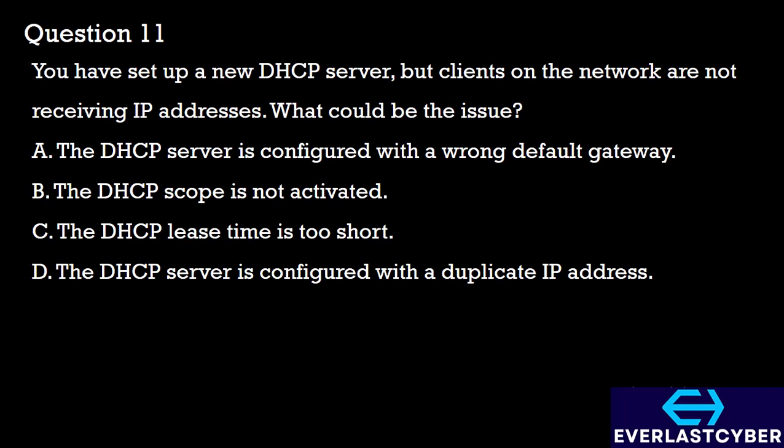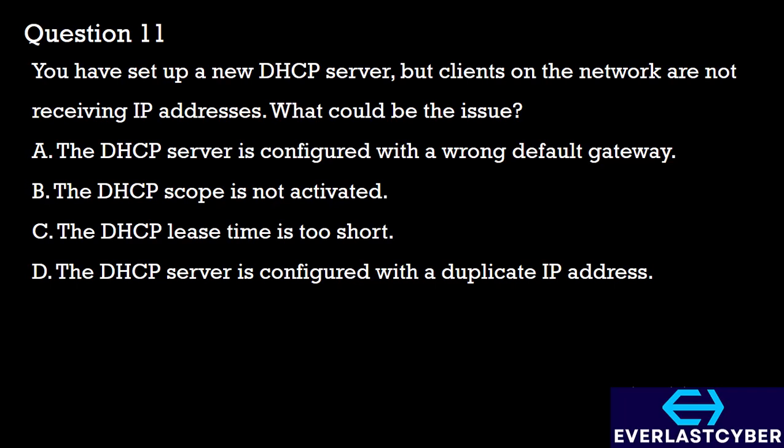In option A, the DHCP server being configured with a wrong default gateway would not prevent clients from receiving their IP addresses. It will only affect their ability to communicate outside their local network after they receive an IP address. In option B, if the DHCP scope is not activated, the server will not lease out IP addresses to clients, even if the configuration is correct.